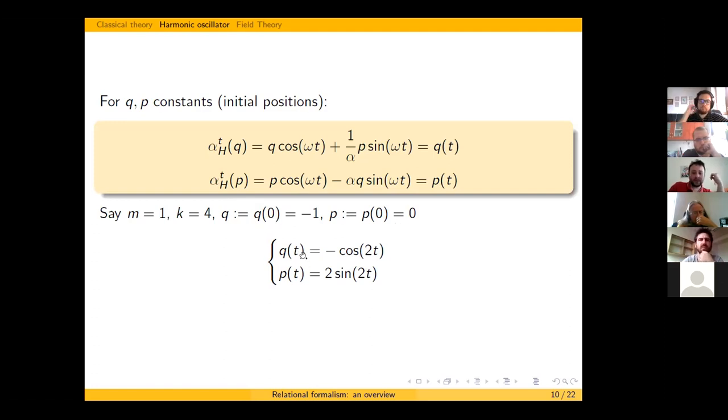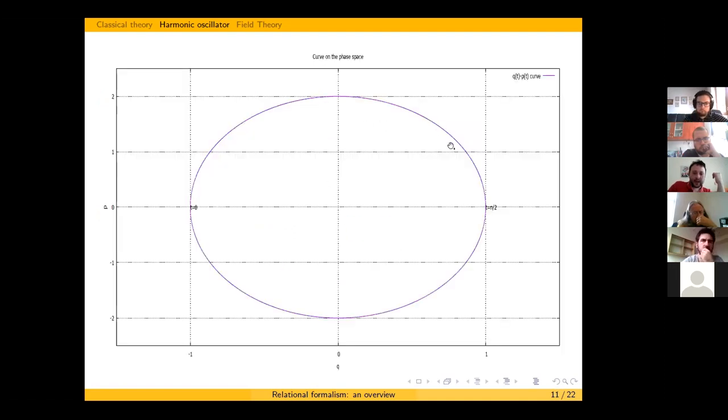So Q and P are given by these two. And the picture is that we have a curve describing the phase space where we start from T equals 0, where Q takes the value -1 and P 0. This is the direction of the evolution of the system. And yeah, this is periodic. That's not something to stress more.